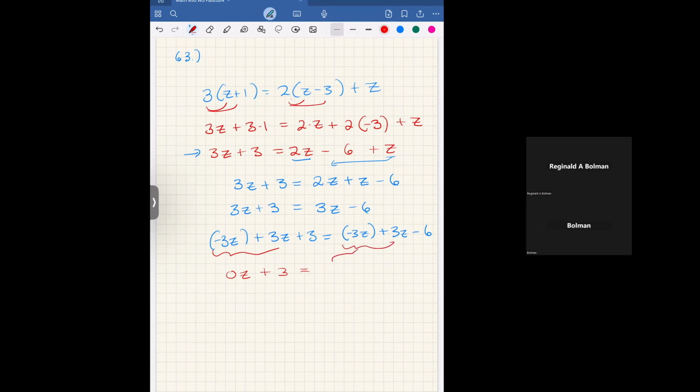On the right-hand side, it's going to be very similar. You're going to get 0z minus 6. But here's the weird thing. You'll have 0 plus 3 is equal to 0 minus 6, or 3 is equal to negative 6. And a student would be rightly confused. This is a nonsense answer.